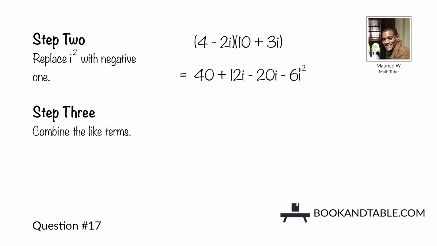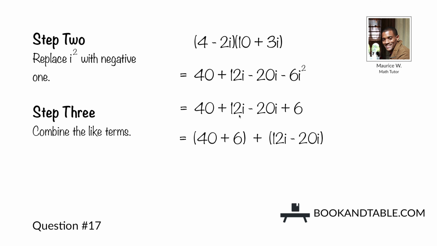So the next thing we want to do is replace the i squared with negative 1, giving us negative 6 times negative 1, and that would be positive 6. So now we want to combine the like terms. Our real numbers are 40 and 6, and our imaginary numbers are 12i and negative 20i.